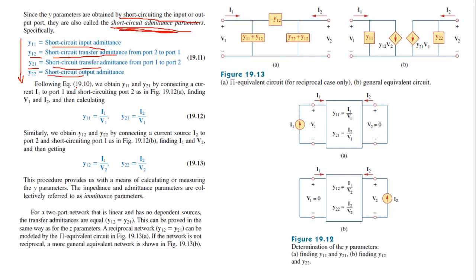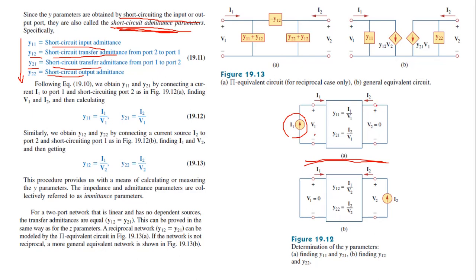Now, following the equations, we can obtain Y11 and Y21 by connecting a current I1 to port 1 and short circuiting port 2, as shown in the figure. Consider the first figure. Here we have connected a current source I1 to the input terminal, so I1 is present and V1 is present.